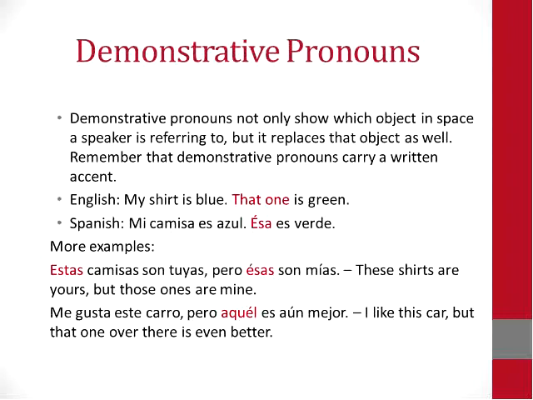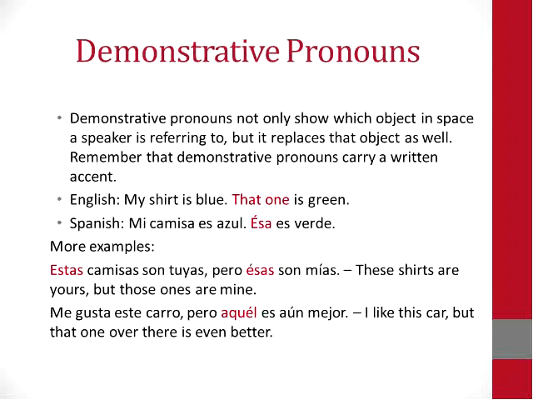And then when we're talking about pronouns, these ones not only show which object and space the speaker is referring to, but it replaces the object as well. So my shirt is blue. That one is green. See how it changes here. Mi camisa es azul. Esta es verde.